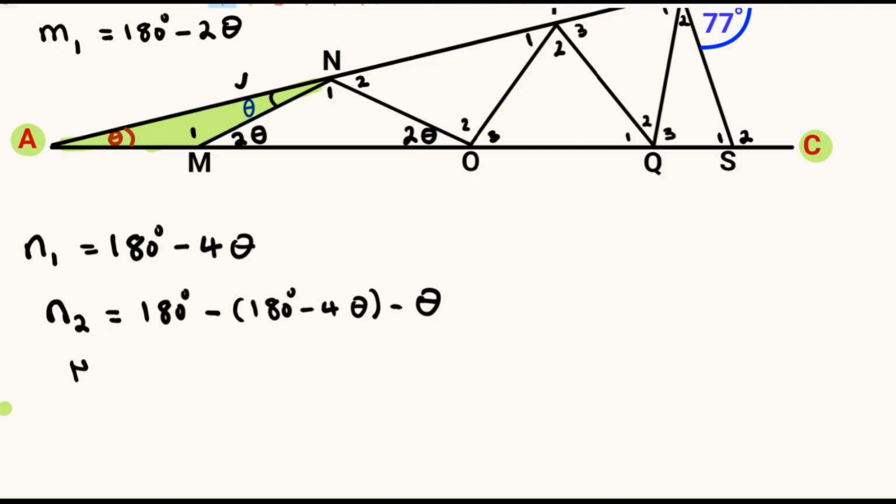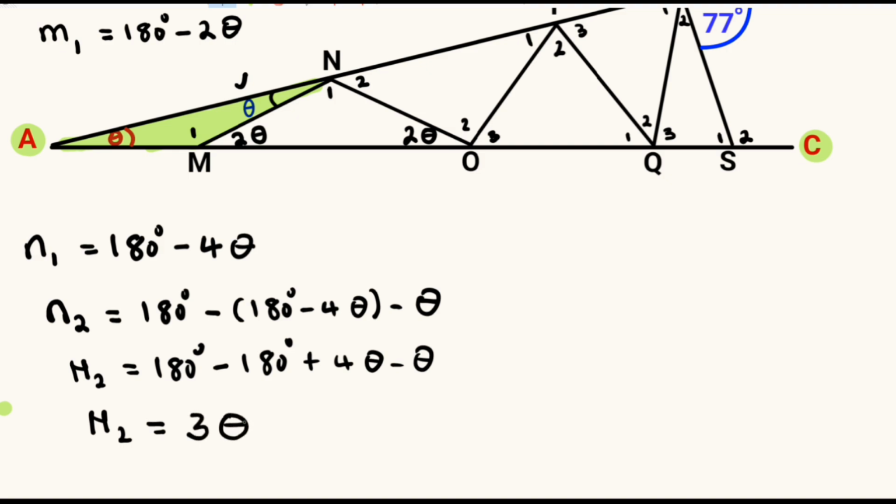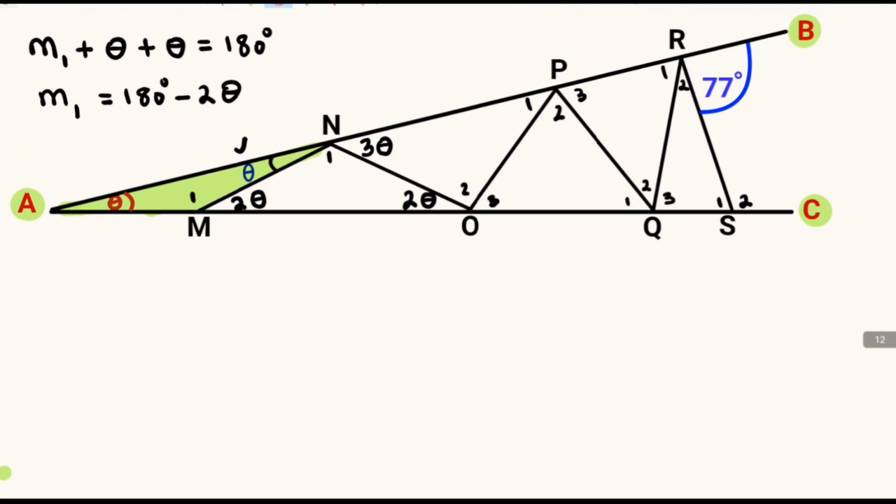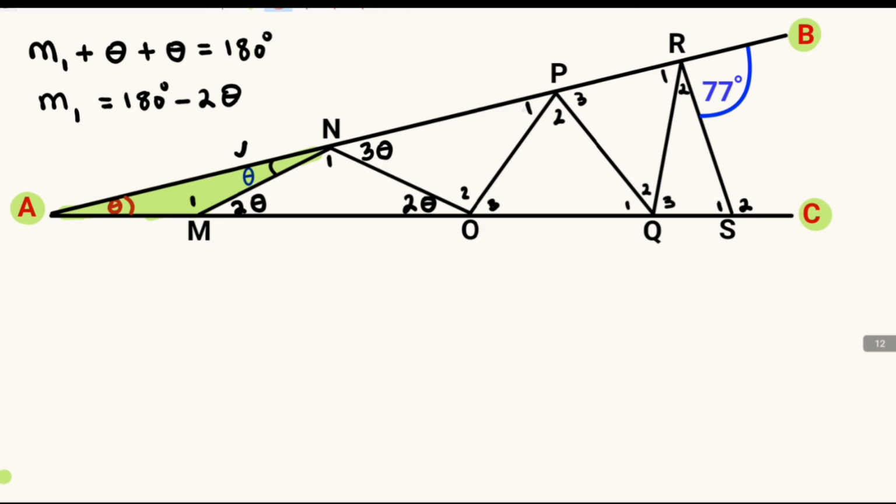So our N2 will be equal to 180 degrees minus 180 degrees plus 4 theta minus theta. So our N2 will be equal to 3 theta. Since the length NO is equal to OP, P1 will also be equal to 3 theta.